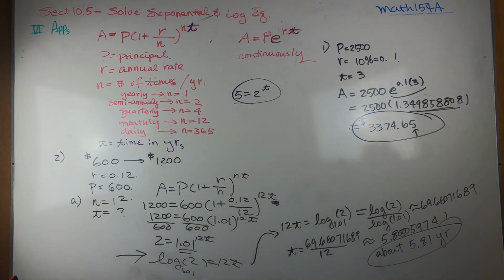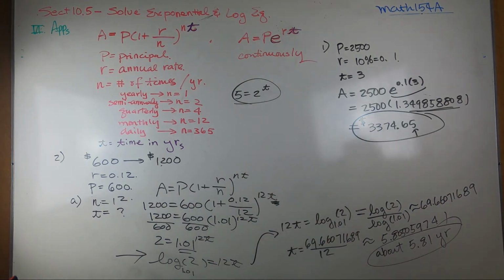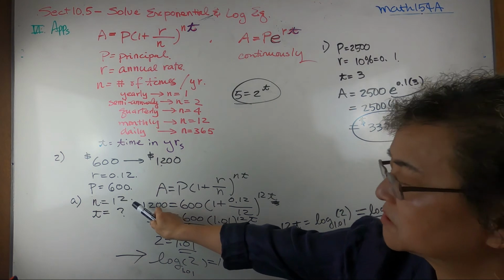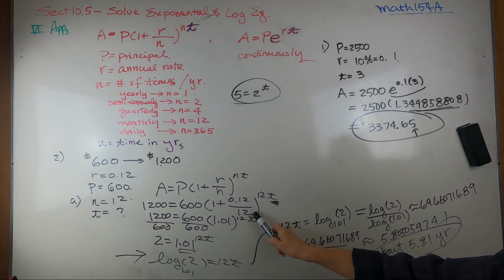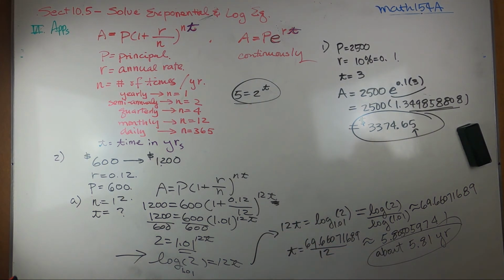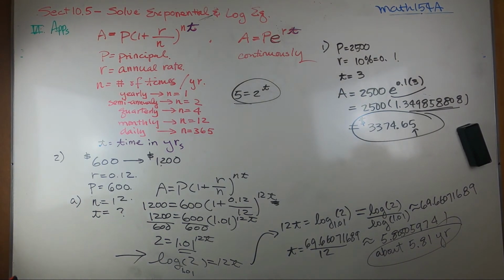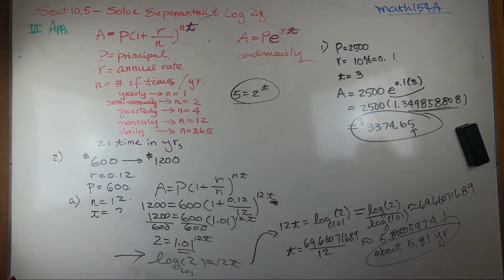Okay. If you want to have $600 in a CD grow to $1,200 at 12%, let me see, 12% a year, right? That's pretty high. Then compounded monthly, how long does it take you to double it? About 5 to 6 years to double the money. It's no big deal for 600 to 1,200.